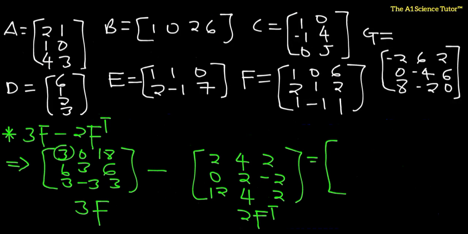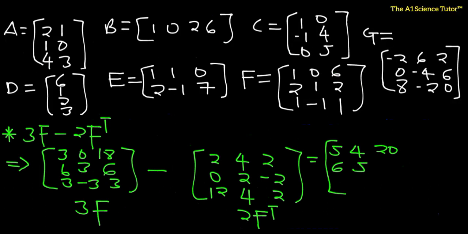So we need to add 3 to 2, which gives us 5. And then we have 0 plus 4, which gives us 4. Then we have 18 plus 2, that is going to give us 20. And we have 6 plus 0, which is going to give us 6. And 3 plus 2, that gives us 5.